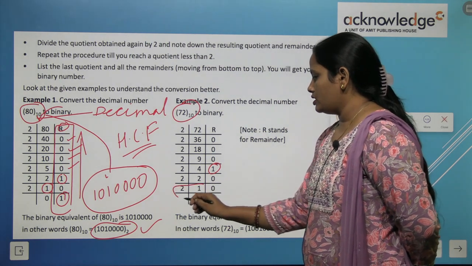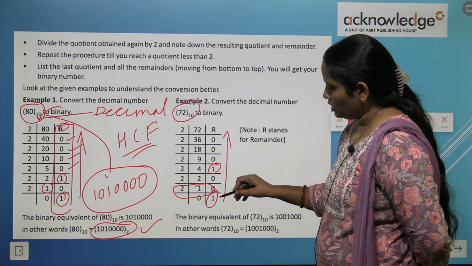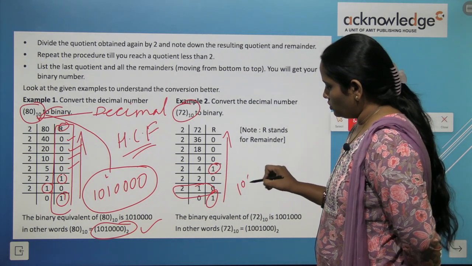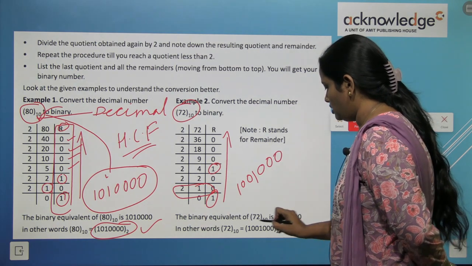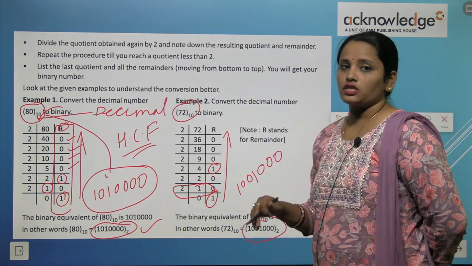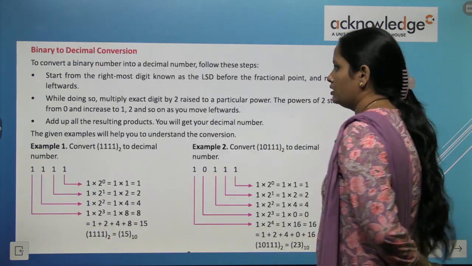Again with this we are going to do the same thing, and it is written in this way: 1, 0, 1 and 3 zeros are written. Here is the answer. So this is the way of converting a decimal number into a binary number.